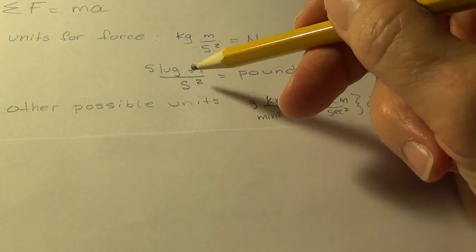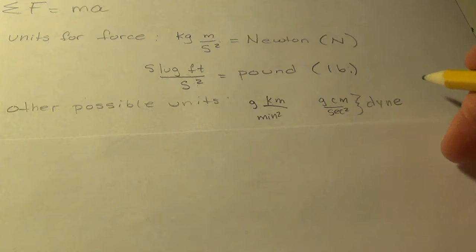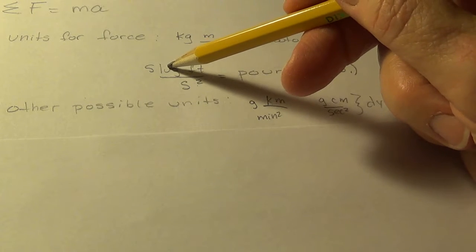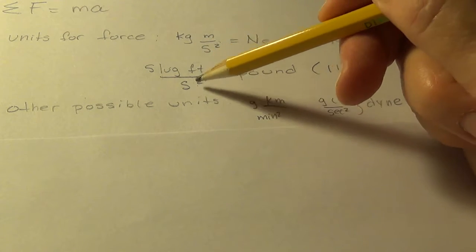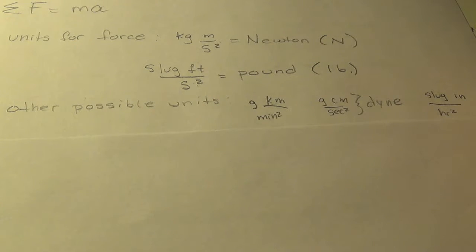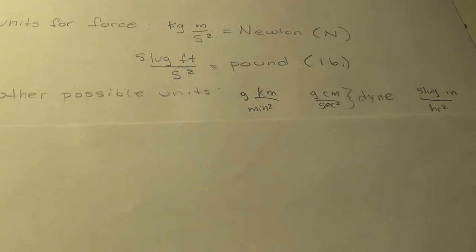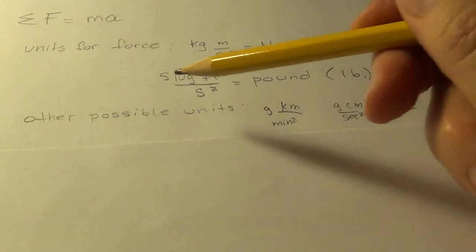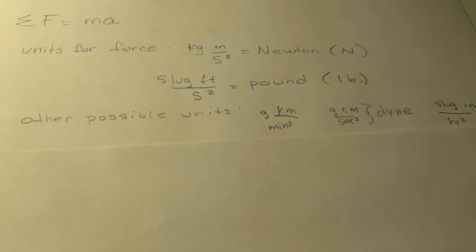In the English side, we could have had a slug inch over hours squared. Again, following the same pattern, a unit for mass, distance divided by time squared. So be aware that there are other possible units. These are the common ones that we will use.